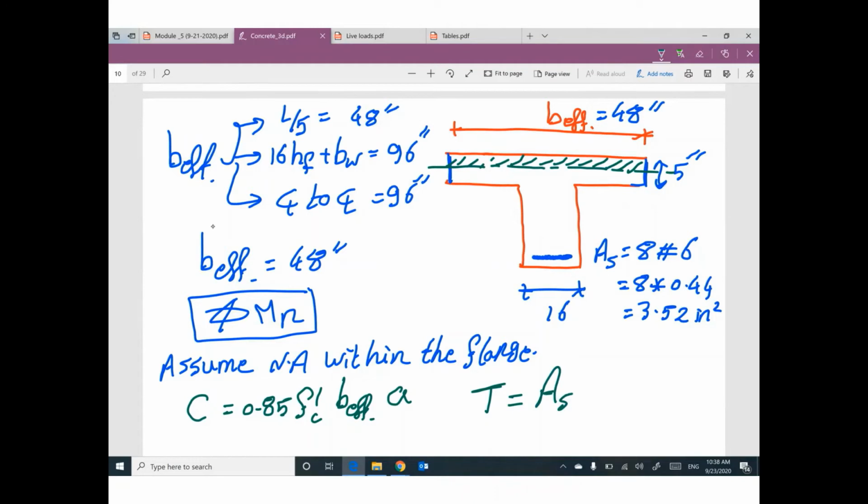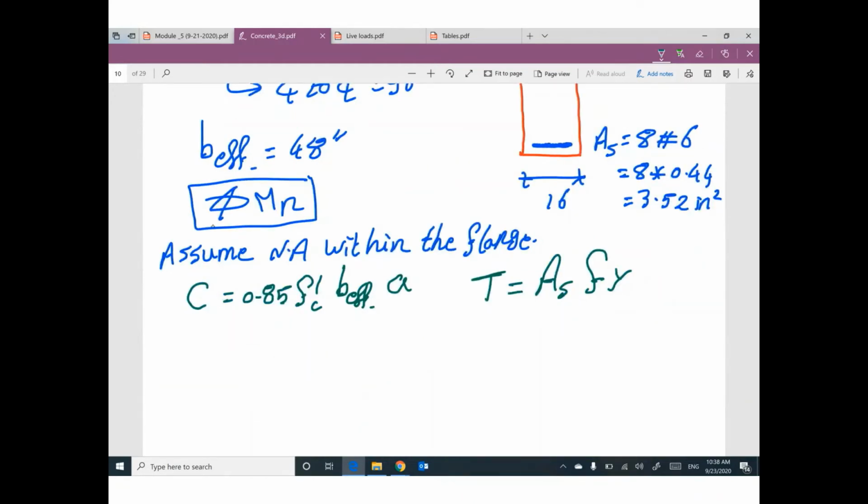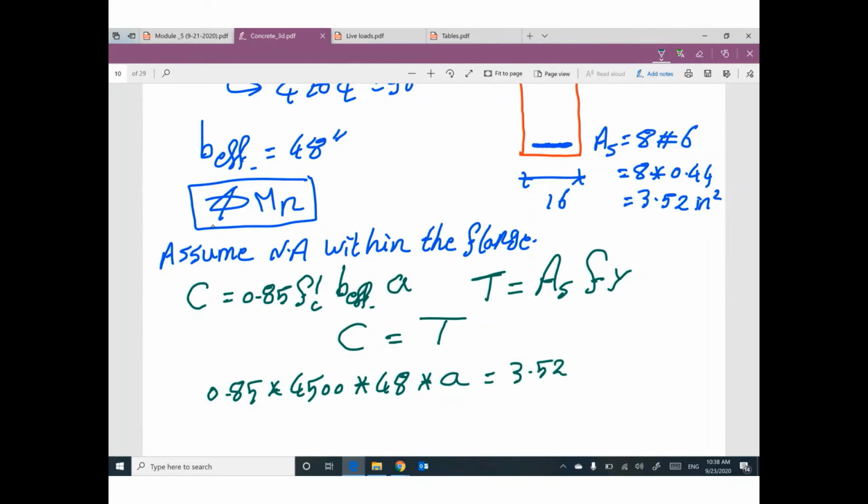Capital C equals capital T, so 0.85 times 4,500 F prime C, b effective 48, times A, equals area of steel 3.52 times F yield 60,000. The only unknown in this equation is A. What is the value of A?